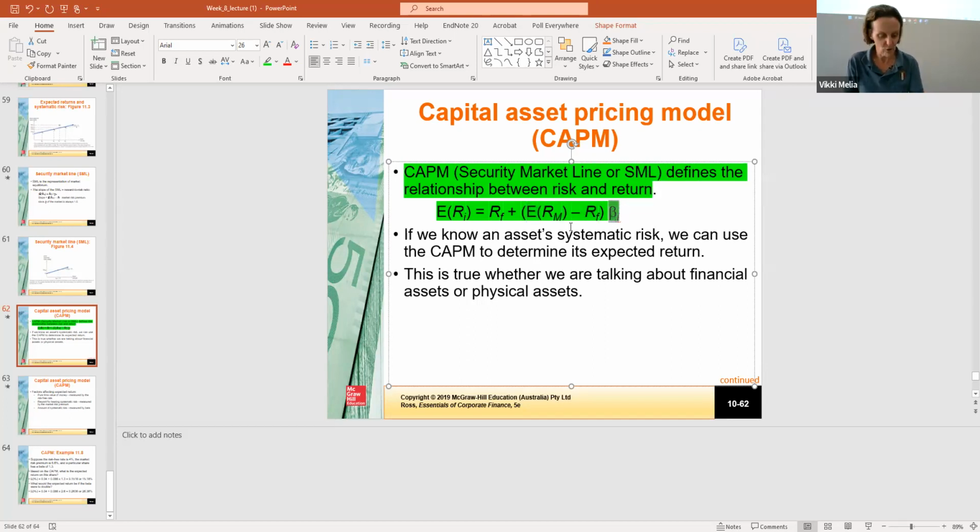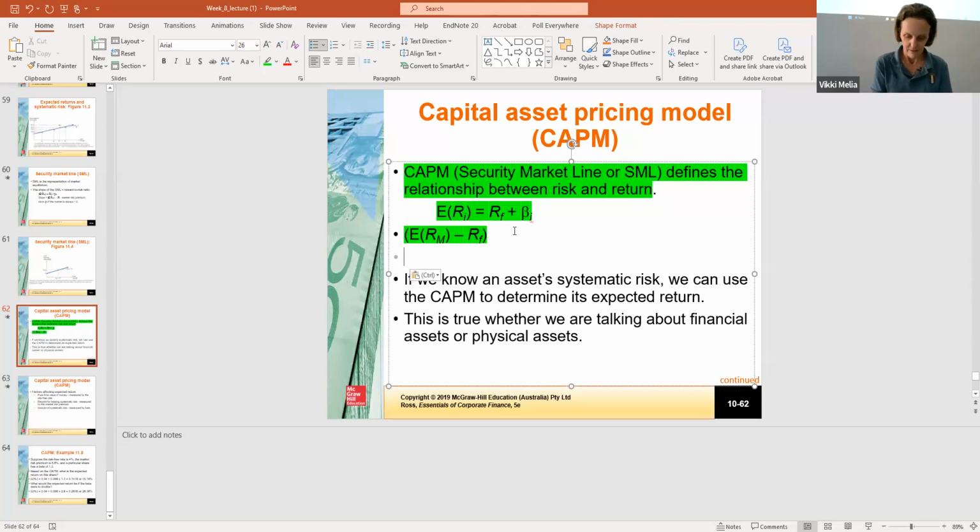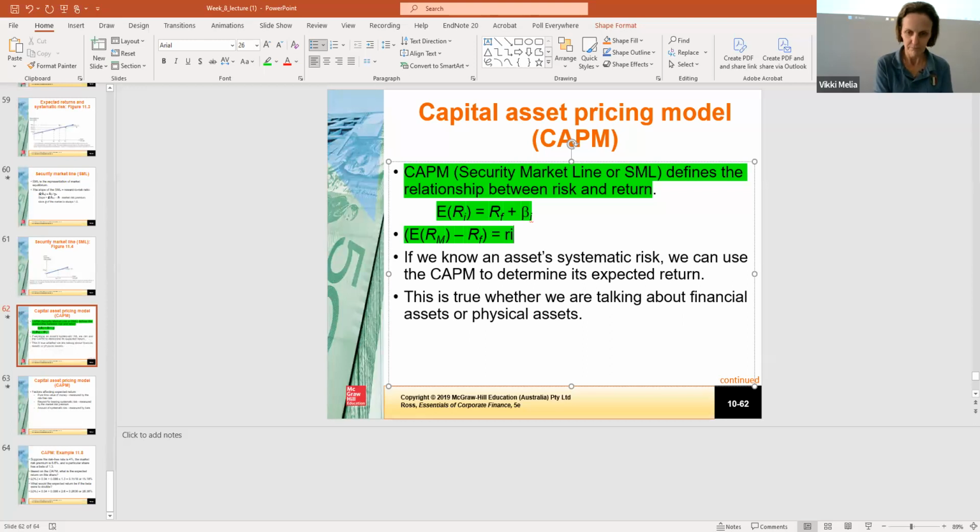Actually, we normally put beta on the other side. I find it easier to put it there. If you put it on the end, you can forget it sometimes. So the part in brackets here is just that risk premium.